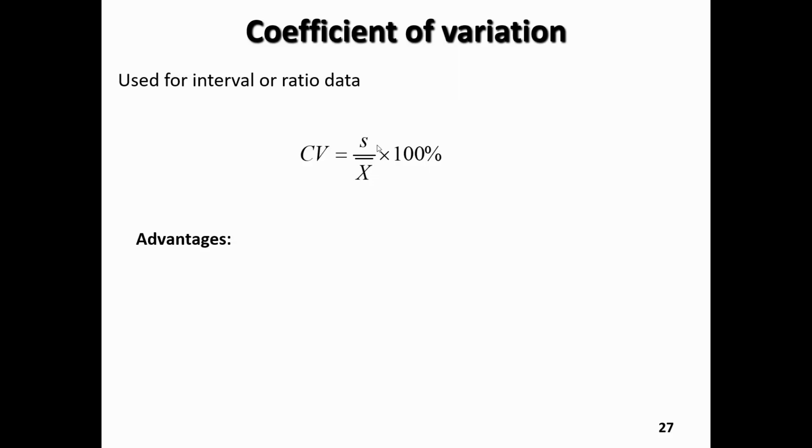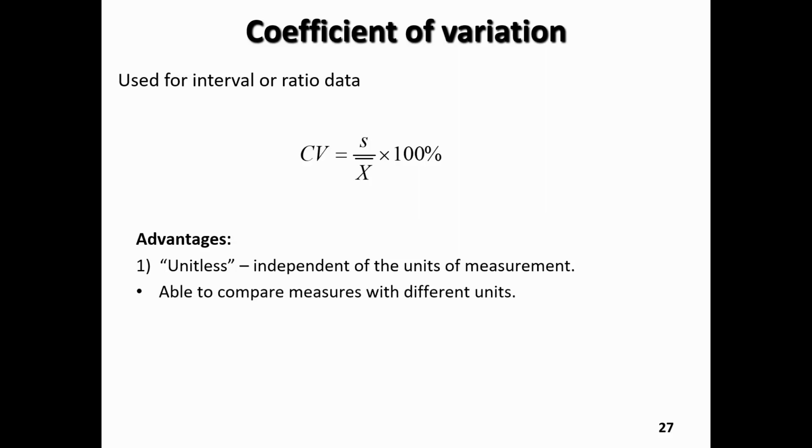This produces a ratio of the standard deviation to the average, and we multiply that by 100%. The coefficient of variation is a very useful measure of variation because the calculation eliminates the units, and we end up with a unitless measure of variability that's independent of those units.